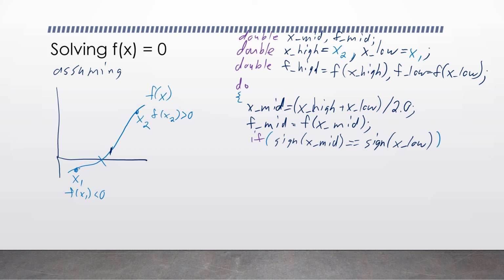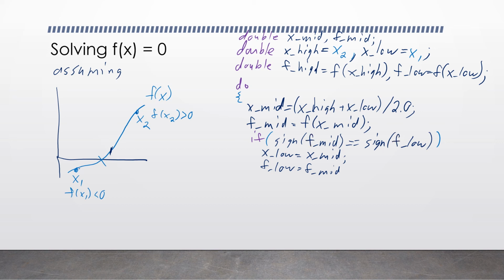Then we're going to replace x low equals x mid, f low equals f mid. And I made a mistake here. It's not x that I want here, it's f.